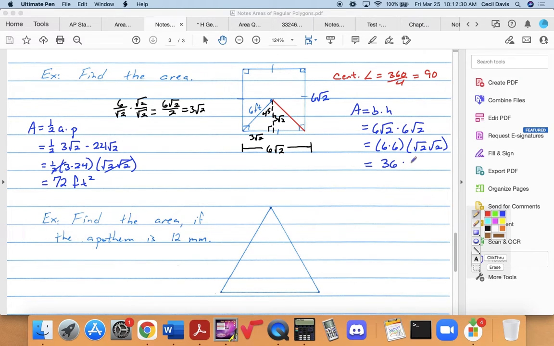That's 36 times 2 is 72 square feet. Certainly nice that it works out the same way. It would be bad if you did it with 2 different formulas and you got 2 different answers. You'd be beginning to wonder, is one of those not valid? Okay, any questions about that example?